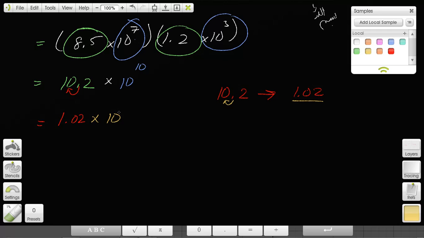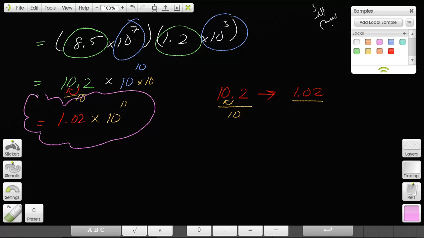To go from here to here, you're dividing by 10. You can't just divide a number, so if you divide this by 10, you have to multiply this by 10. So that becomes 10 to the 11th. So the answer here is 1.02 times 10 to the 11th.